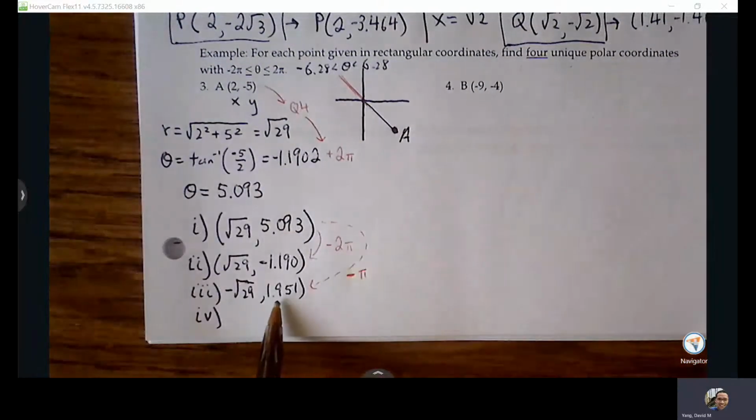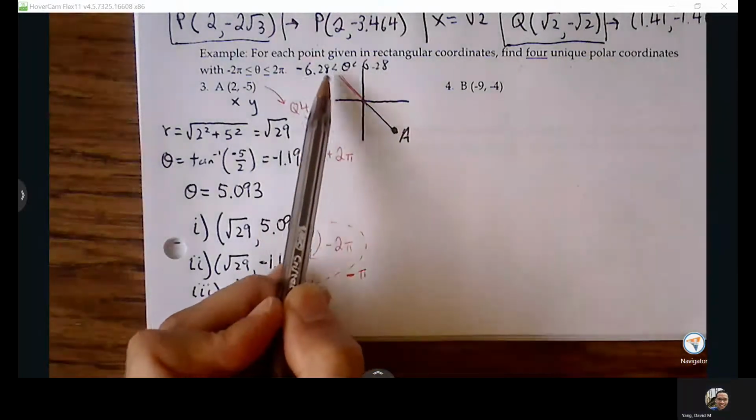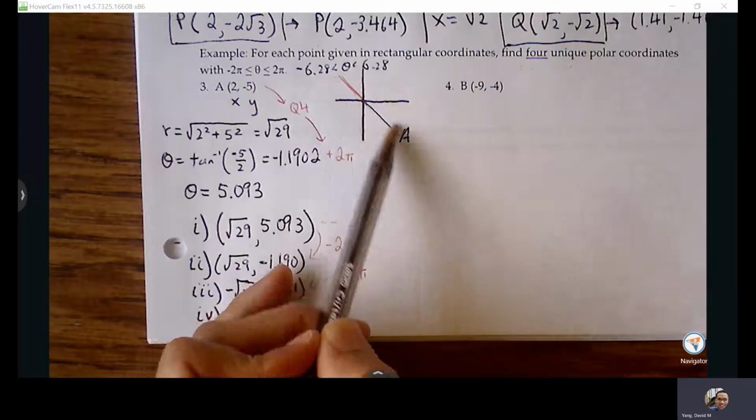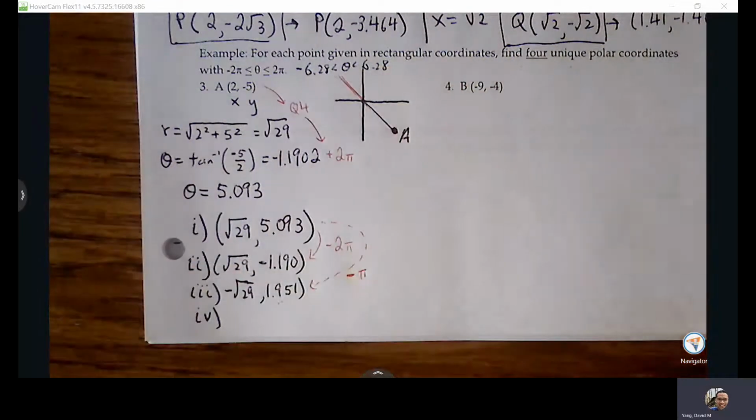And if I'm at second quadrant, 1.951, what's another way to represent this coterminal angle here? Add what? Add 2 pi, right? If I add 2 pi from second quadrant, I'll be still in the second quadrant and still be within that negative 6.28 and 6.28.